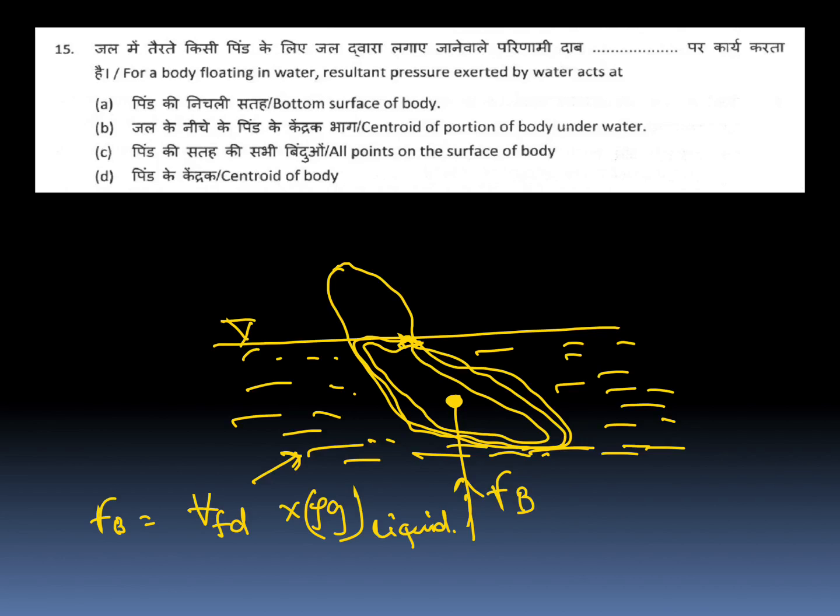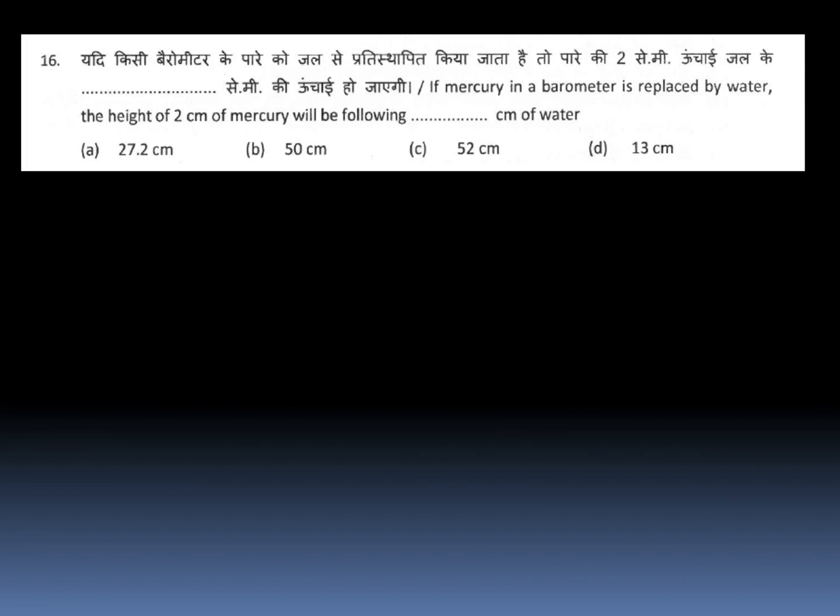Question is, if mercury in a barometer is replaced by water, the height of 2 centimeter of mercury will be the following dash centimeter of water. We know pressure is same, but pressure formula is rho g of fluid into height of fluid.